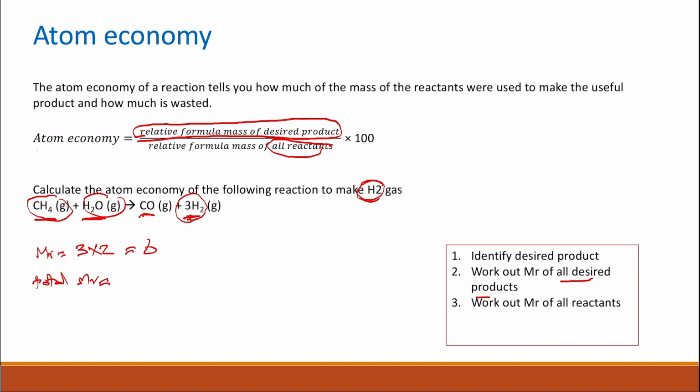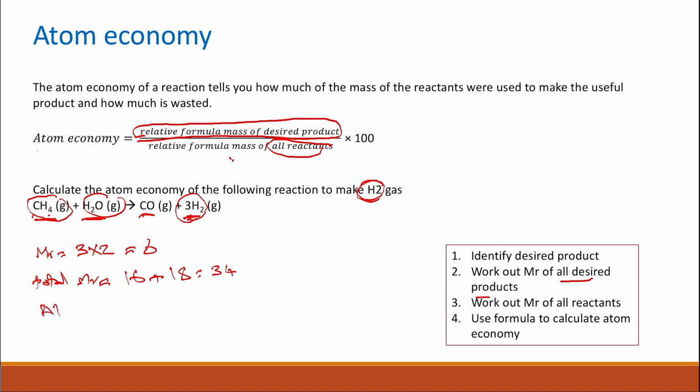So methane has the relative formula mass of 16, 12 plus 4, and water is 18. So in total, this is 34.